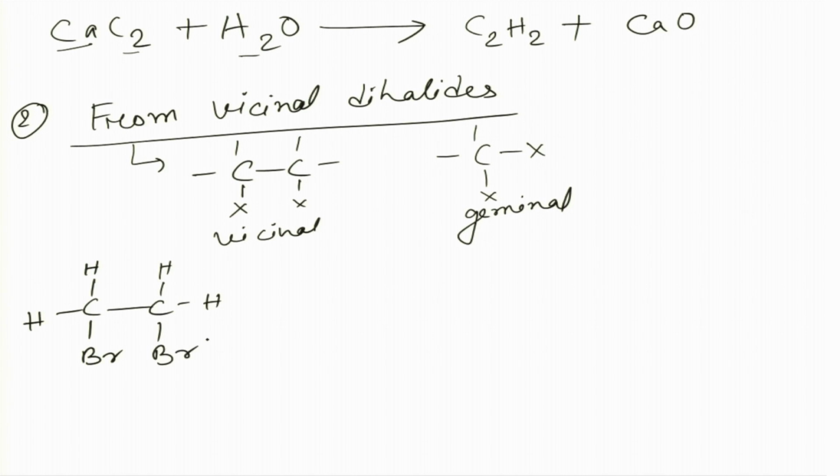In the first step, we need alcoholic KOH, which will form an alkynyl halide.